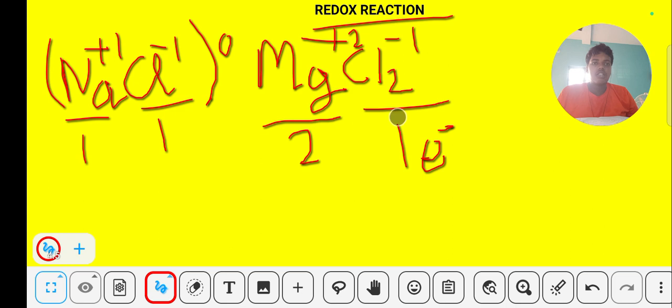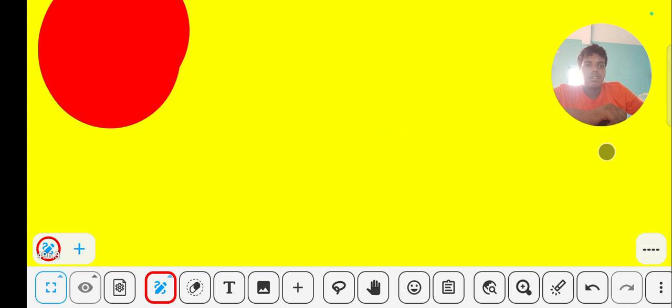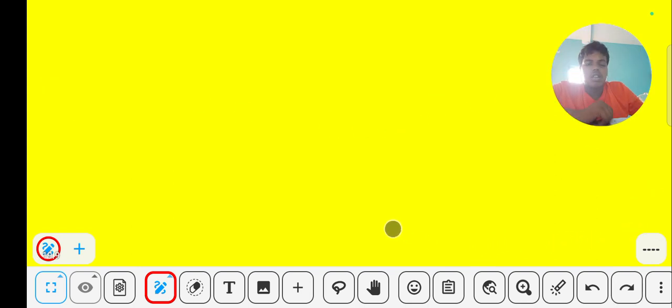So now we will talk about the covalent compound. As you know that covalent compound has no charge, so it will carry an imaginary charge.